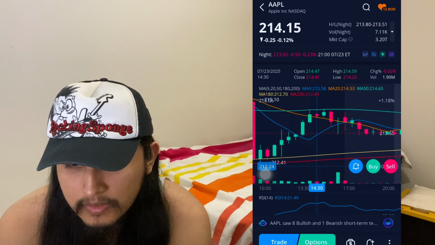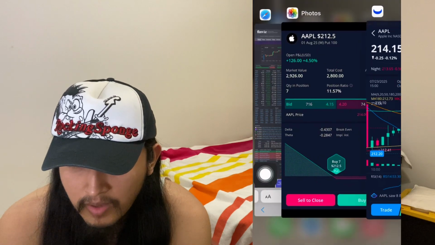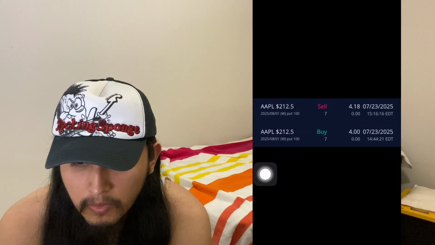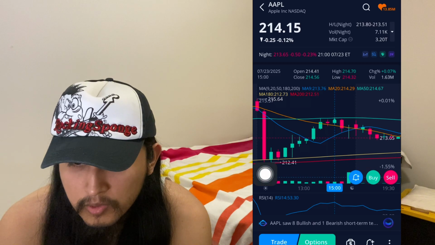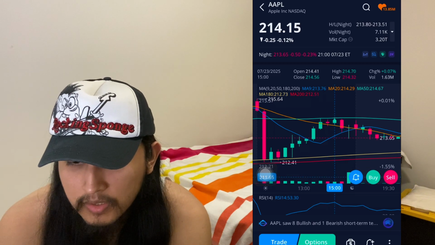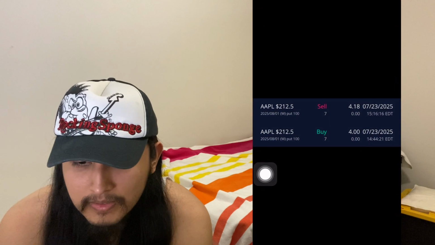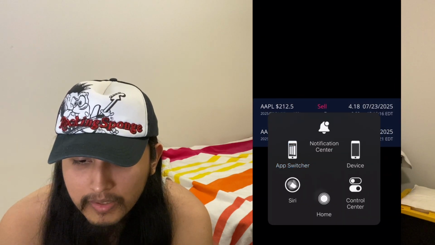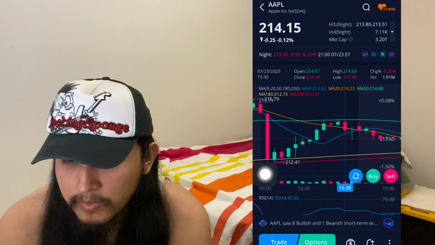And then you can see here when I got into Apple at 1444, this candle right here approached the 50-day moving average, got rejected by it, and then the next candle at 1516, this big red candle right here, is when I sold out the position.